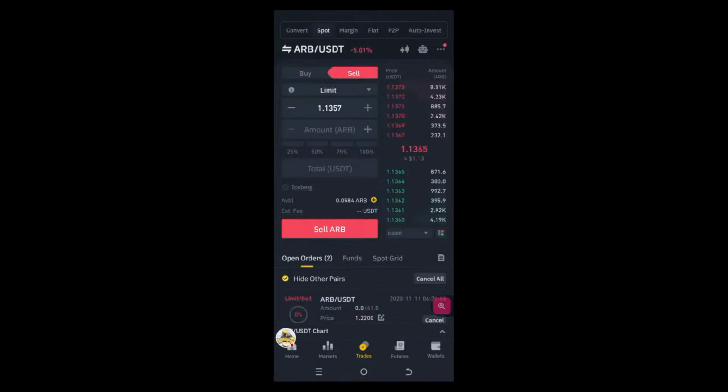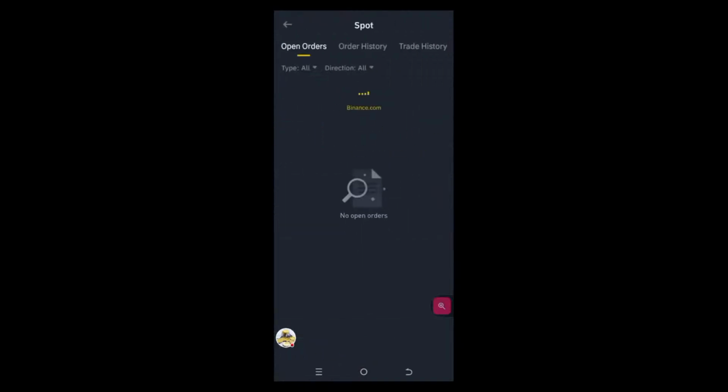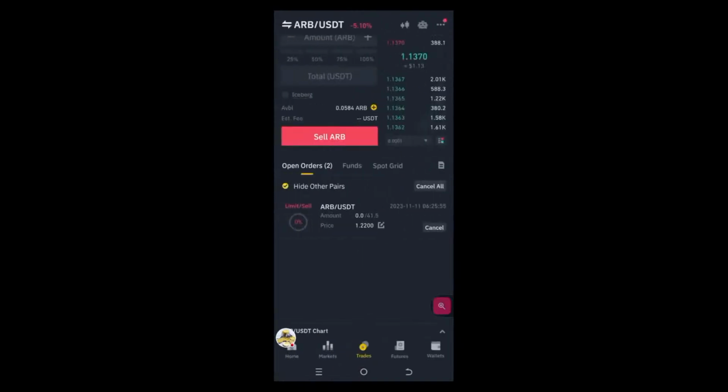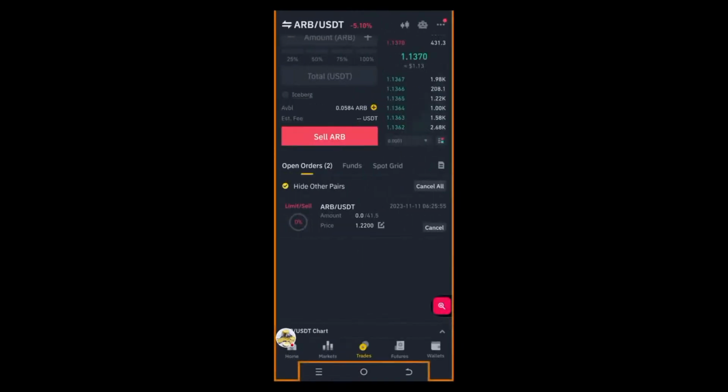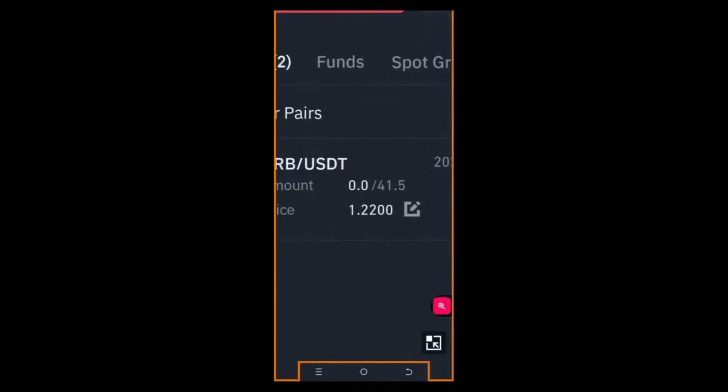Like we have here, I've said I want to get ARB, I want to make maybe like 1.5%, and I set it. So in a limit order, all I have to do is put in the amount I want to get. Let me show you here. What I'm trying to get is 1.22.